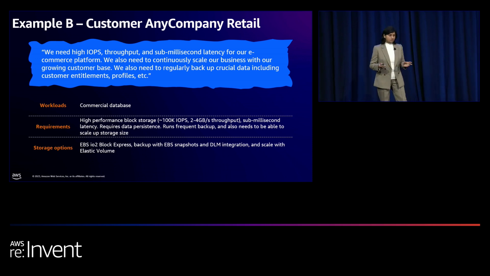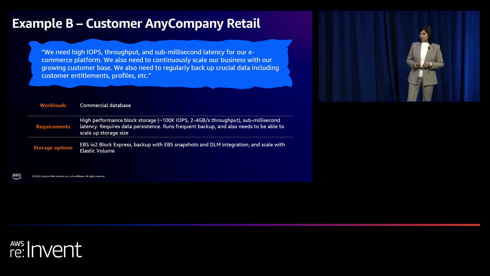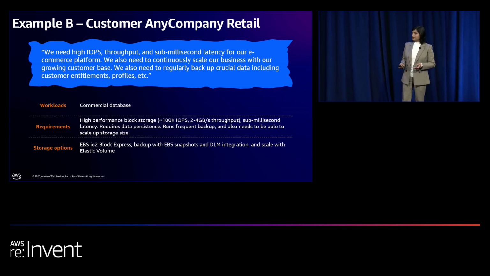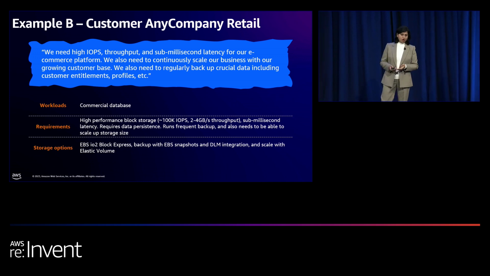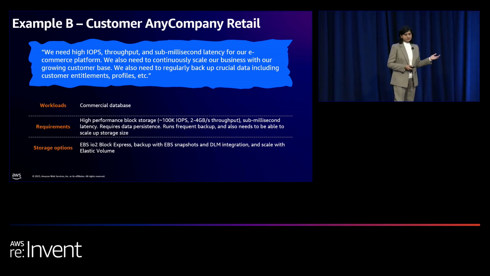And they want the infrastructure to be flexible as well. You might be hearing some keywords here, flexibility, right? And they also need to regularly back up their crucial database to keep a copy of their customer entitlements, profiles, etc.